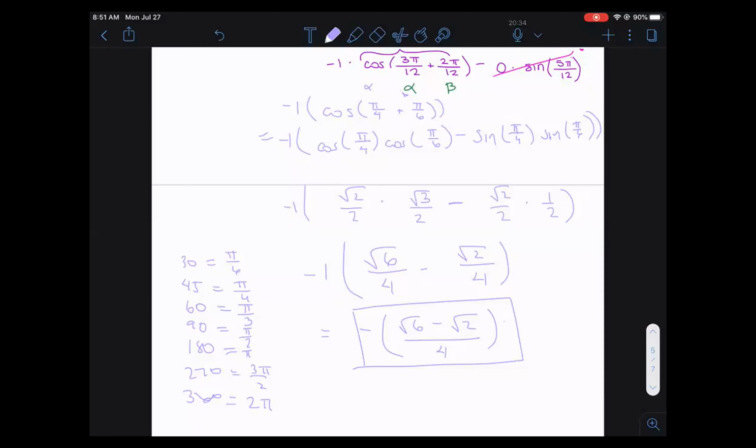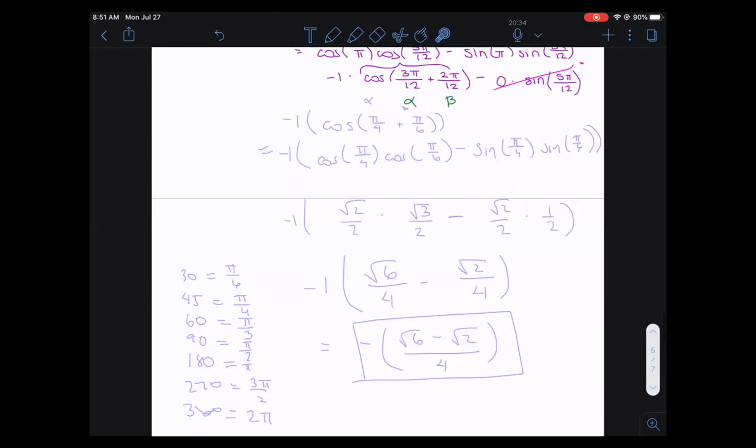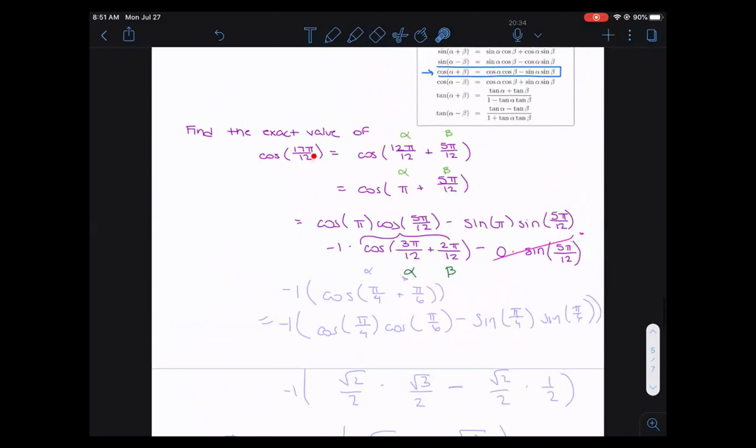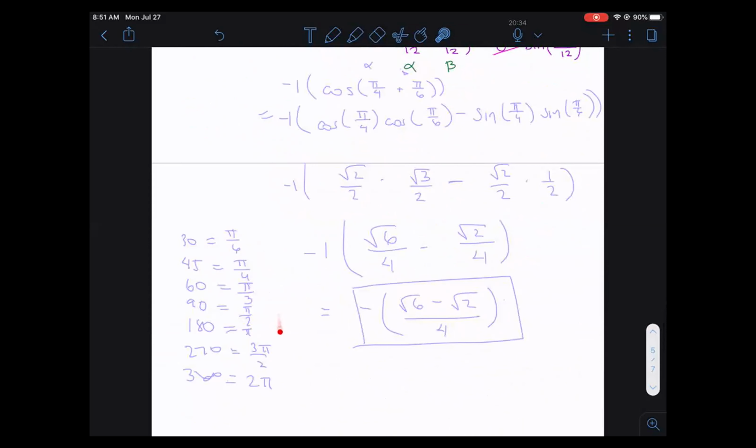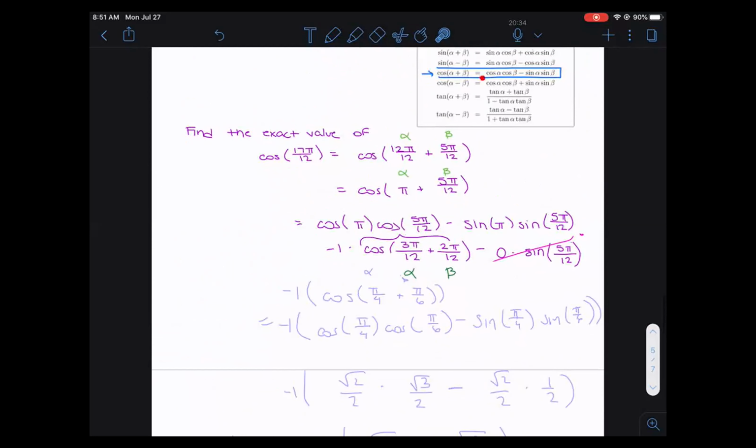So you can always use any of these to find out what your actual value is. You can either add or subtract any of these values. And again, if your denominator is 12, the first step you can always do is change all of these to have the same denominator 12 and see what you can either add or subtract to get your next value. It doesn't necessarily have to be addition.